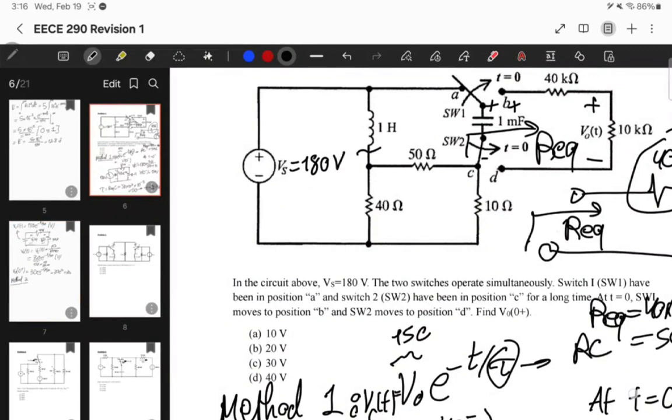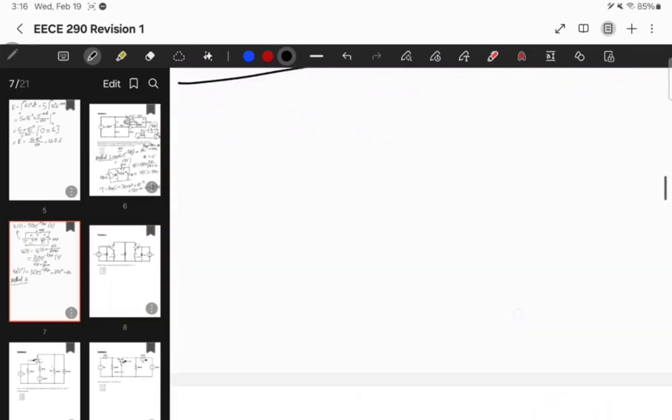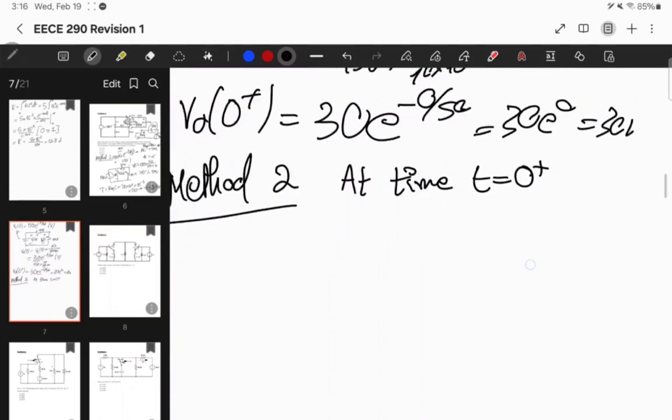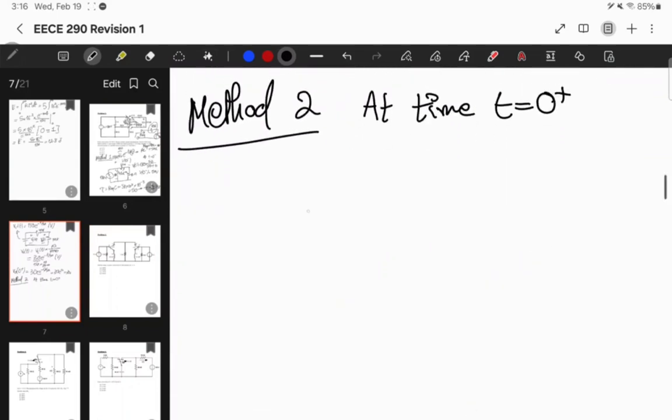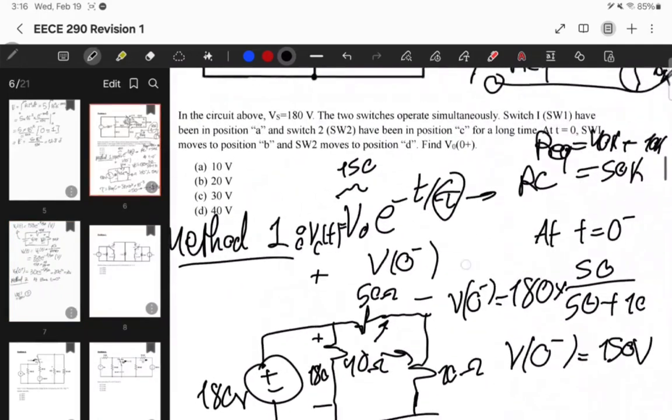So what I can do is calculate the initial voltage across the capacitor, which is V at 0 minus, and at time equals 0 plus, right after switching, I can substitute this capacitor with a voltage source. So let's do this. At time t equals 0 plus, I can replace the capacitor with a voltage source V0 minus, which is equal to 30 volt. I calculated this before in here.